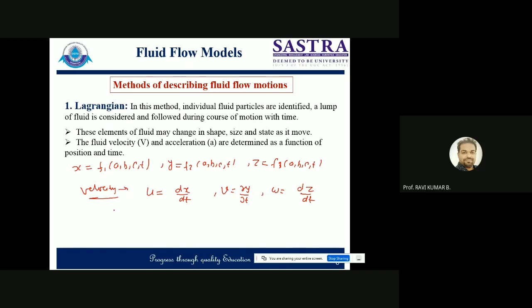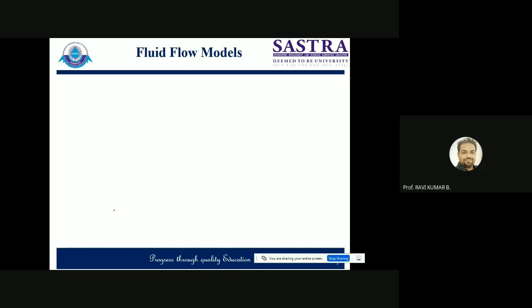Similarly, if you are talking about acceleration, this will also be local acceleration. So you can say ax is equal to the double derivative, d2x divided by dt square, and ay is equal to d2y divided by dt square, and az is equal to d2z divided by dt square.